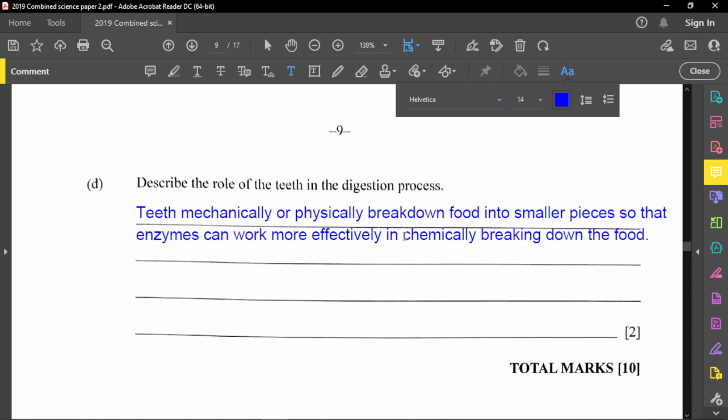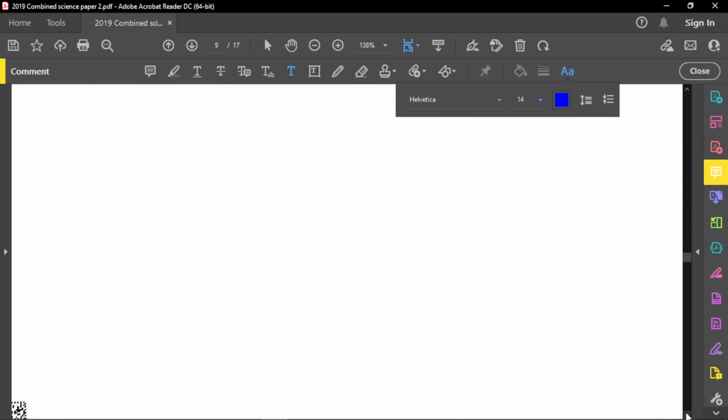So the teeth have to break down the food physically first, to make smaller pieces, so the enzymes penetrate it more easily, and so you have a faster and more effective reaction by the enzymes. All right, so that will be the end of that question.